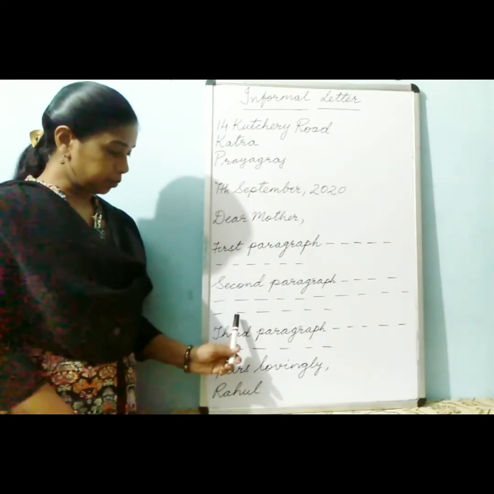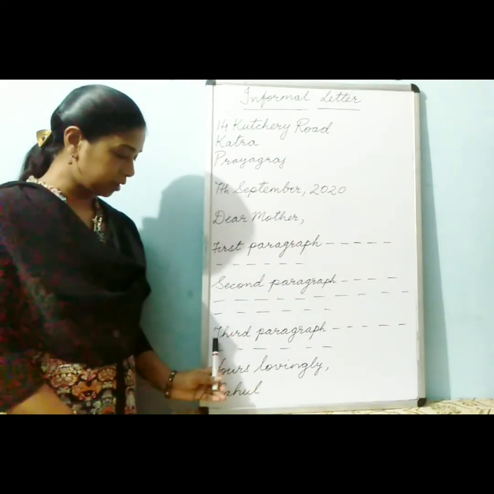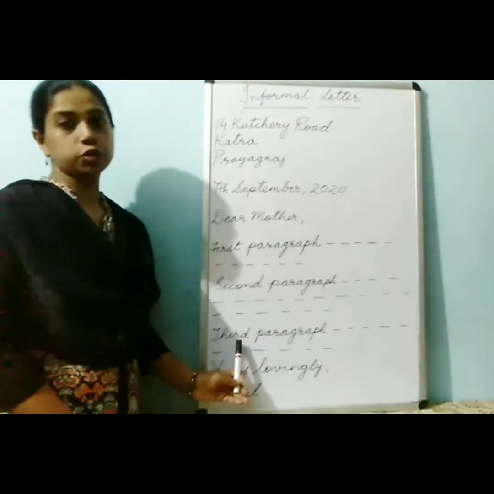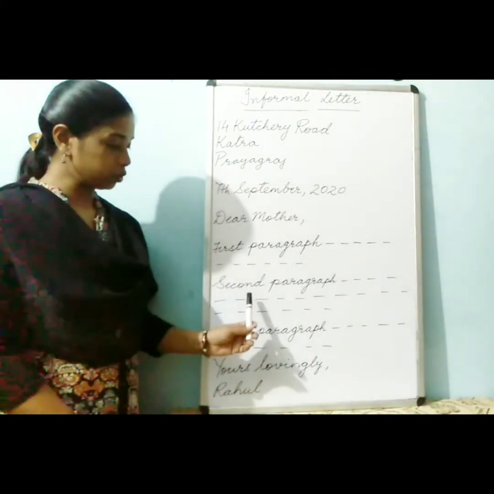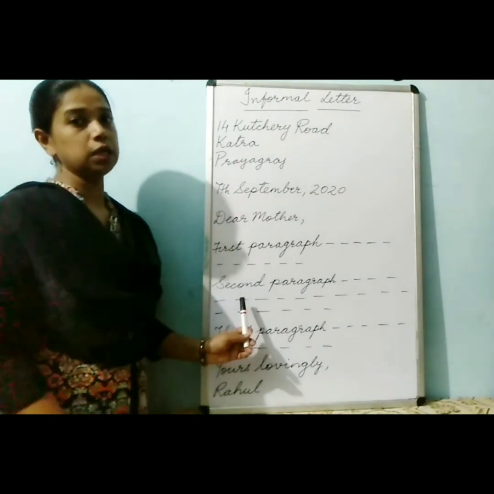Then after the second paragraph, again you leave one line and start your third paragraph from the margin. Now the third paragraph should have something related to what you have already written in the second paragraph. The ending should be like that.